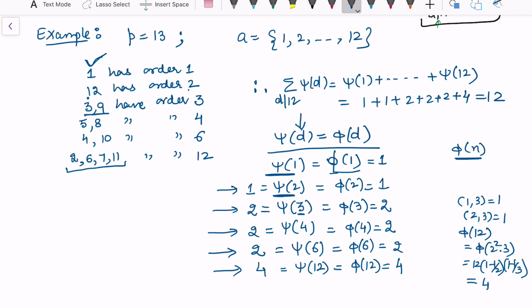If I look at the last stage, for all those possible a's whose order is the last divisor, and the last divisor is always p minus 1 itself, because d divides p minus 1, they will act as the primitive root.